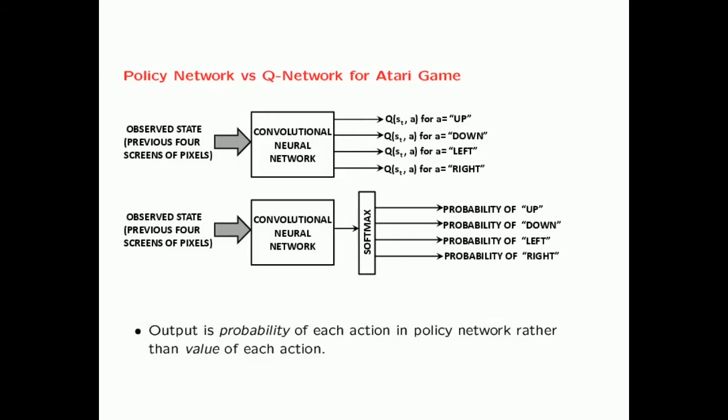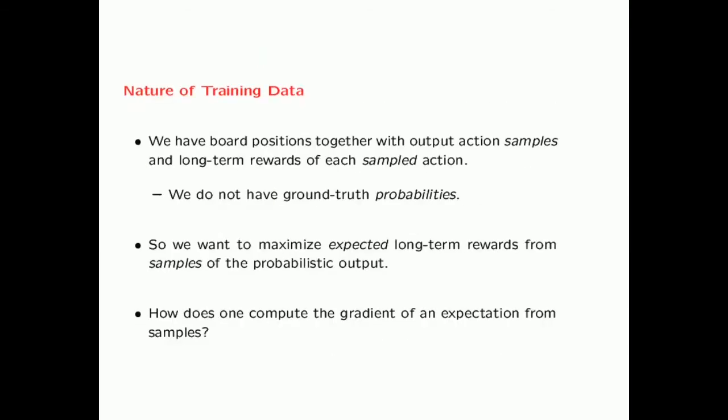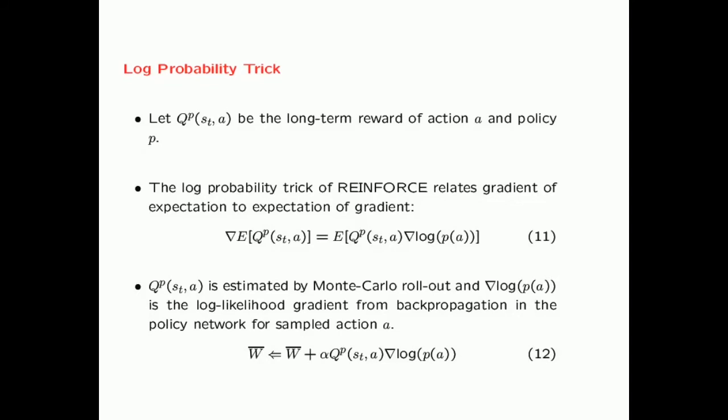Now note that this gradient of log probability is relatively easy to do, because essentially it's pretty much like the kind of gradient of log probability you compute in softmax classifiers. Remember that in softmax classifiers also you have these cross entropy losses which use the log probability. This is very similar, except that in this case it's a gain function, and you are also weighting with the reward Q_pi(s,t,a) which you got using your Monte Carlo simulation.